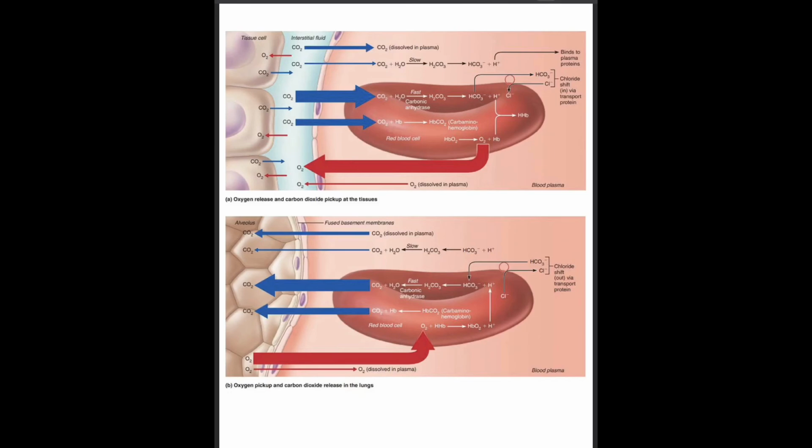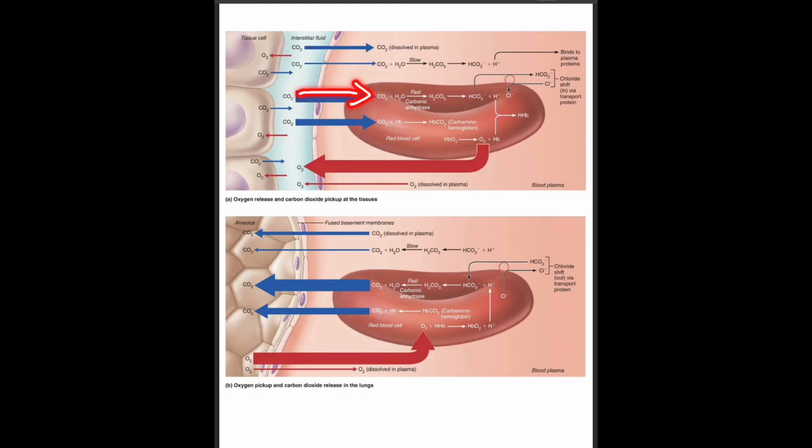So let me explain with this diagram. In the peripheral tissue, the carbon dioxide from the cells enters the interstitial fluid. From the interstitial fluid, it enters the blood, and in blood you have blood plasma. From the blood plasma, the carbon dioxide will move into the RBCs. So when carbon dioxide moves into the RBC, 90% of carbon dioxide is transported in bicarbonate form.